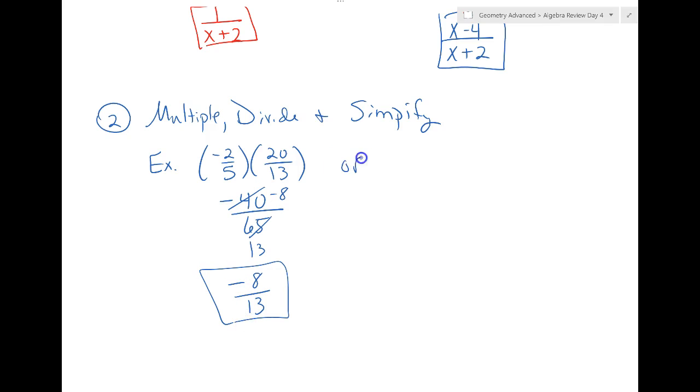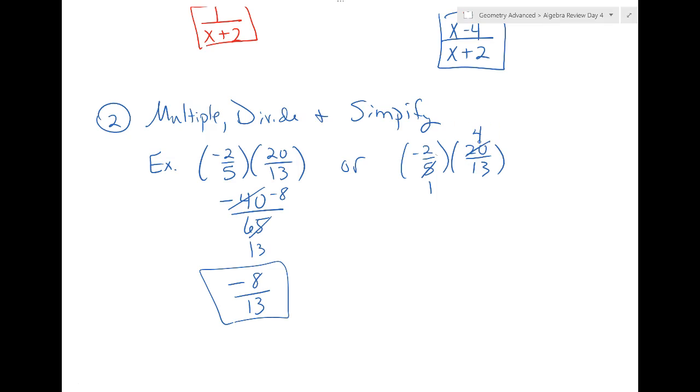Not too bad. However, you were also taught that sometimes it's easier to simplify before you multiply. So rewrite negative 2/5 and 20 over 13. Now I'm going to simplify. I'm going to say, all right, can I go denominator to numerator simplification here? I can take a 5 out of the denominator here and get 1, and I can take a 5 out of the 20 and make that 4.